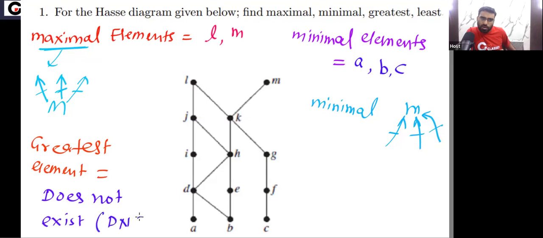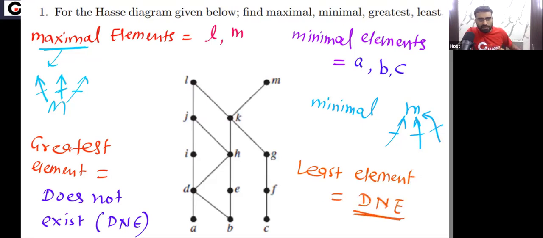What about the least element? Again, that also does not exist because the least element says that I am related to everyone. Can I say this is least?